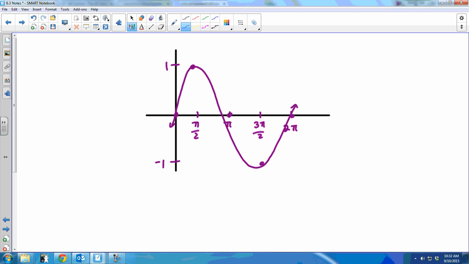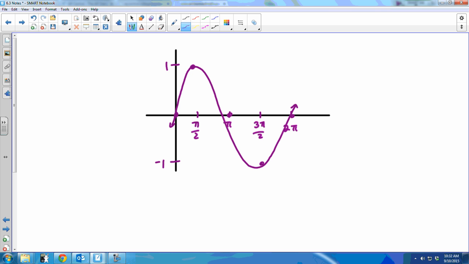You don't need to graph everything else in between. It's just going to make your life more confusing. Okay? You want to graph the x-intercepts, the maximum and minimum values, and know that it curves in between. Okay? It'll make tonight's homework a lot easier.